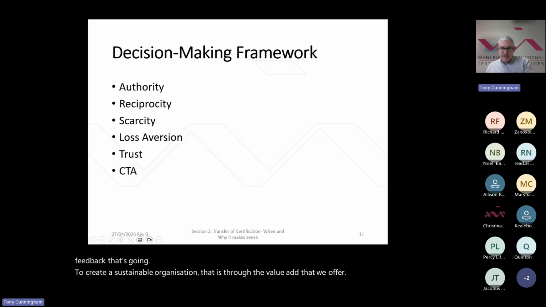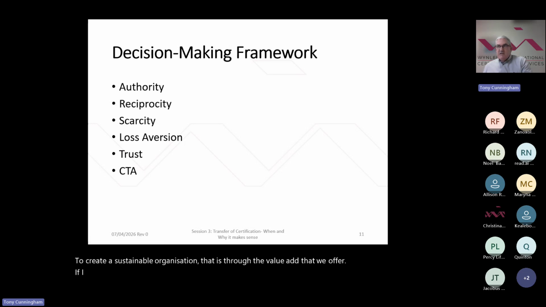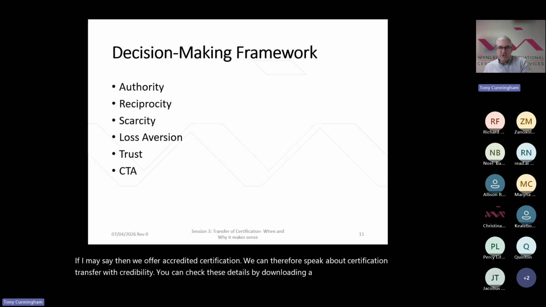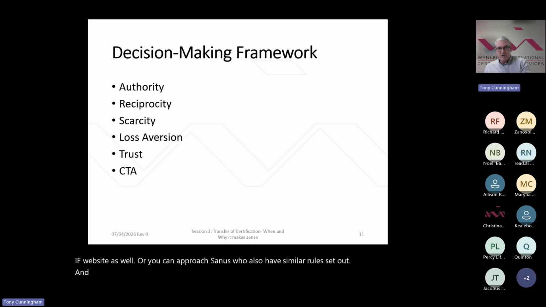If I may say then, we offer accredited certification. We can therefore speak about certification transfer with credibility. You can check these details by downloading a copy of IAF MD2 from the IAF website as well, or you can approach SANAS, who also have similar rules set out and can avail you of any information to support what I'm saying today.